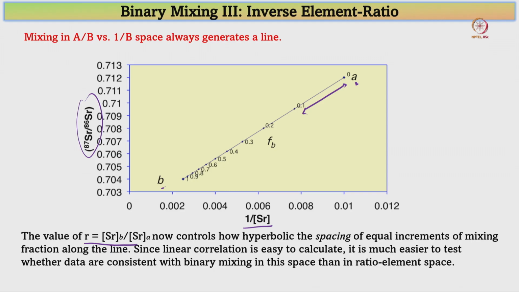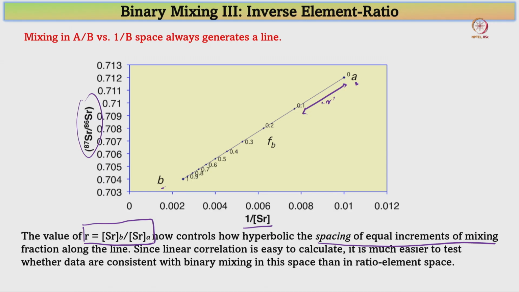This is the curvature of the hyperbola that controls the spacing of the equal increments of mixing, and you will see that it is not a linear mixing, because linear mixing becomes very easy to calculate. Therefore, the distance between the mixing now depends on this particular value, that is the strontium ratio of the two end members.